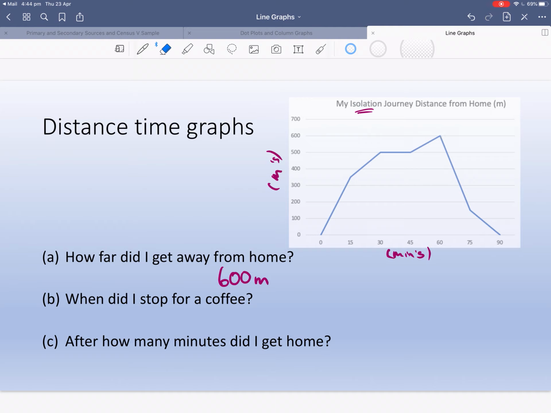When did I stop for coffee? Okay, now this is actually really important. Notice that after 0 minutes, I'm going away, and then I change my speed and I go here. But between 30 minutes and 45 minutes here, have I moved further away or closer to my home?